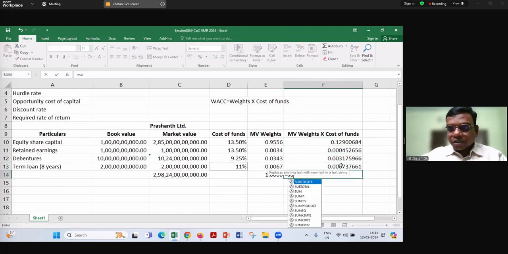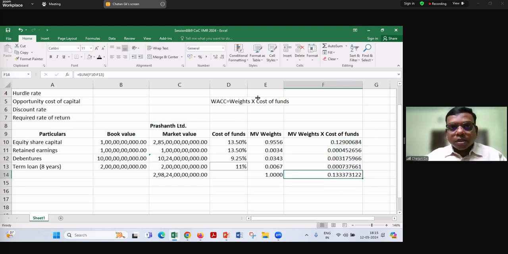So now I will be making a summation of this. I got some number, and this is my weighted average cost of capital.